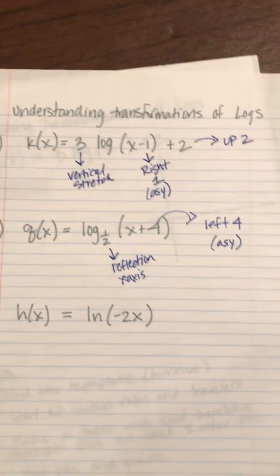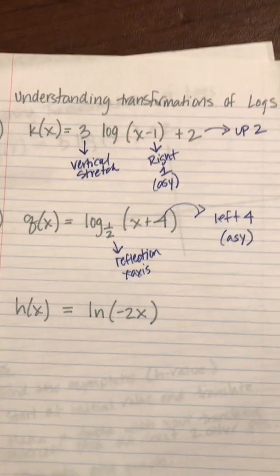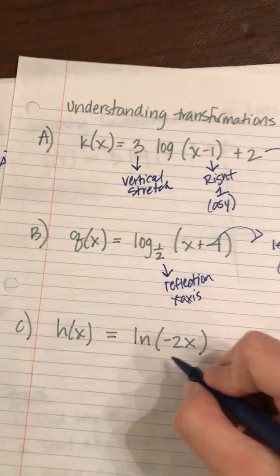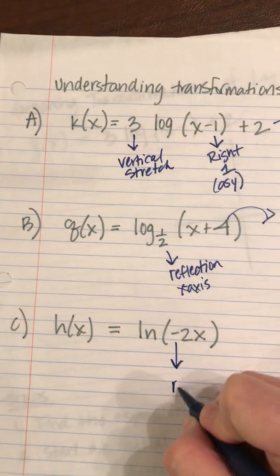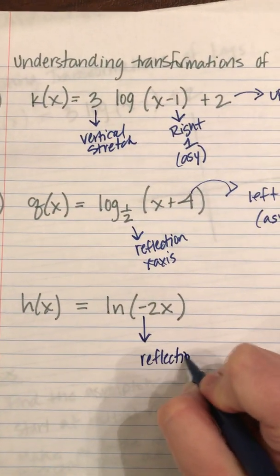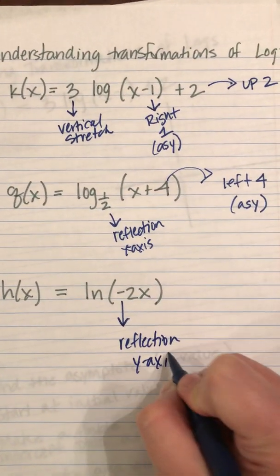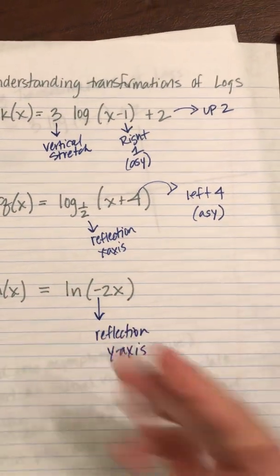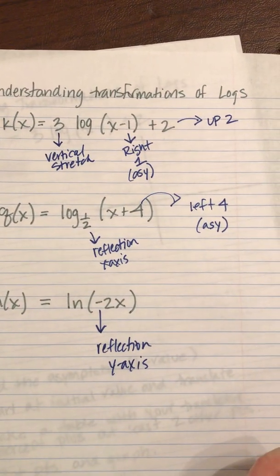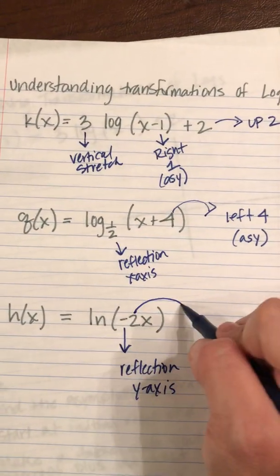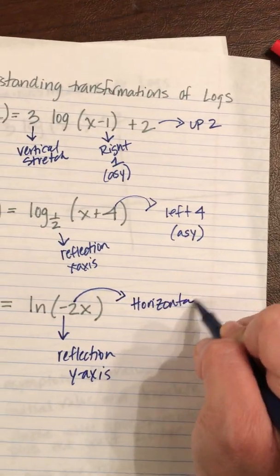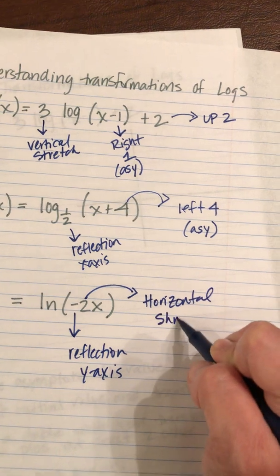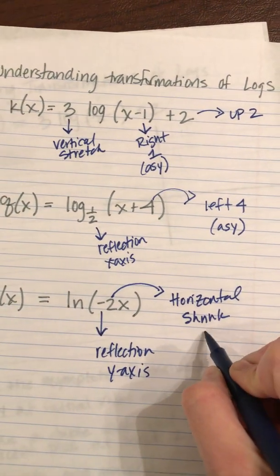All right, last but not least is your natural log function. I put a couple different things in here. So first, this negative is going to be a reflection. But remember, this time the reflection is going to be in the y-axis. And then this 2 causes my graph to have a horizontal shrink by a factor of 1/2.